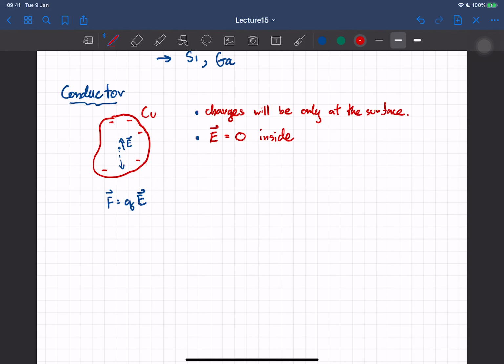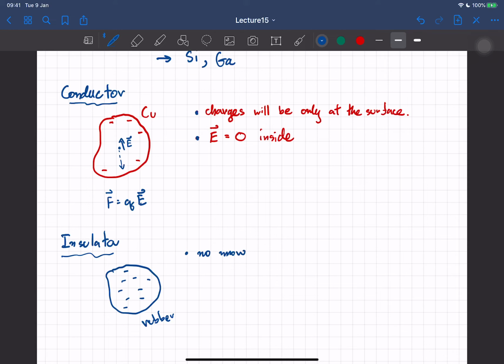What about an insulator? Well, for an insulator, there's really no such thing. For an insulator, let's say rubber, you can put the charge anywhere, inside, outside, and it's not going to move. So no movement of charge. That means you cannot say that charge will be at the surface of an insulator.